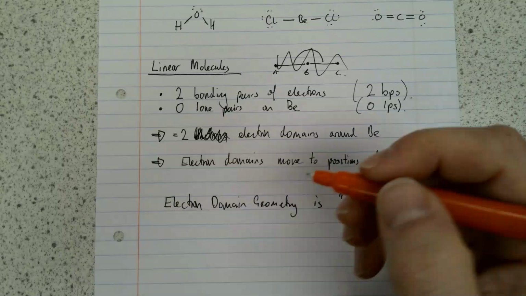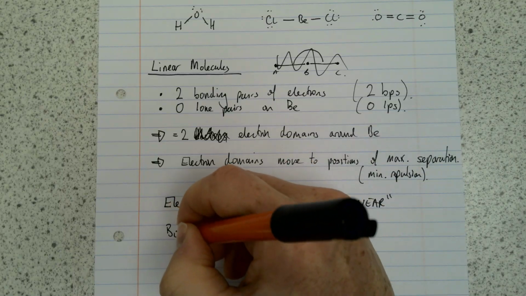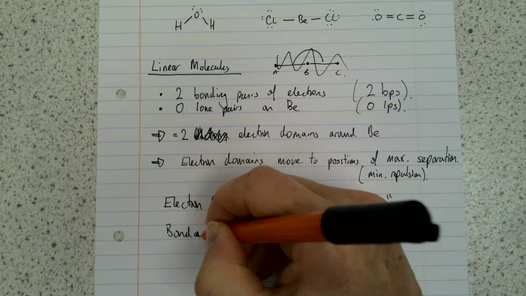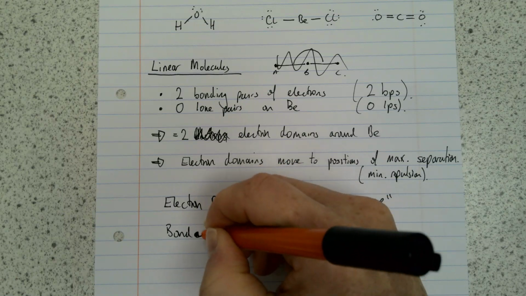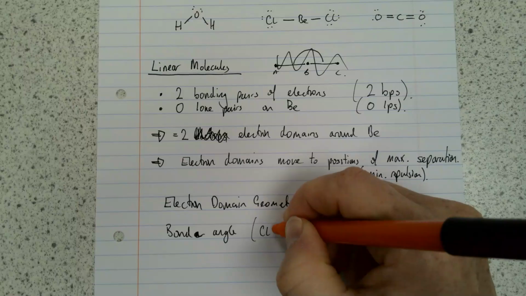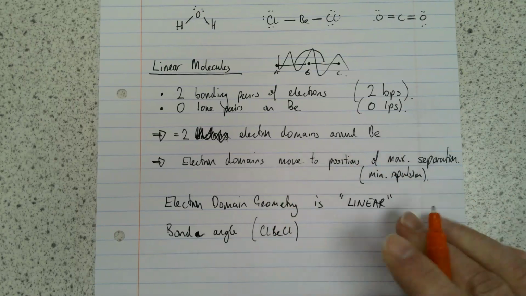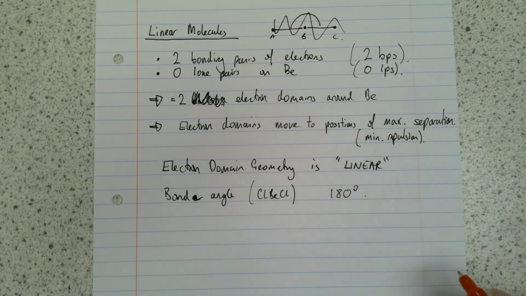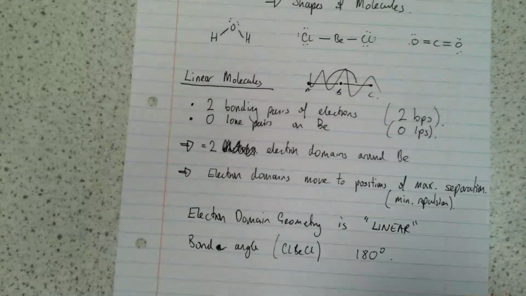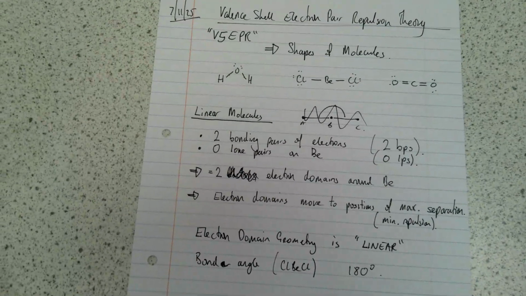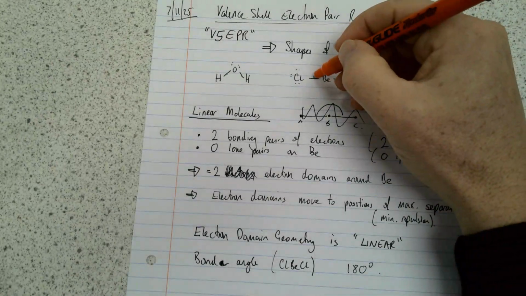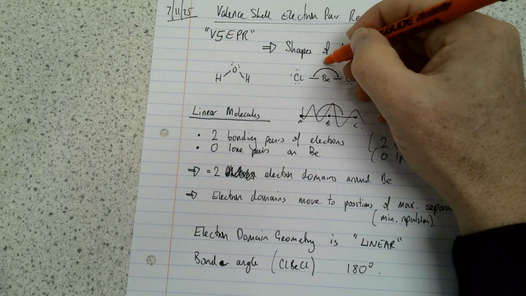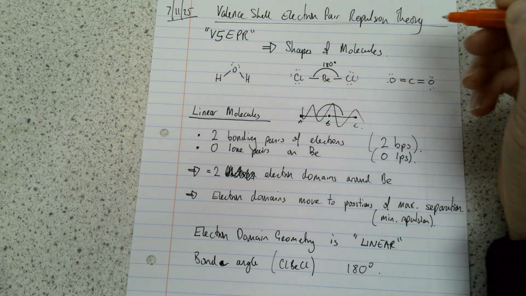And the bond angle, which in this case is the Cl-Be-Cl bond angle, is 180 degrees, right? So it's 180 degrees, and if I just try and keep it on the page up here, that bond angle there is 180 degrees. I'm expected to know that.